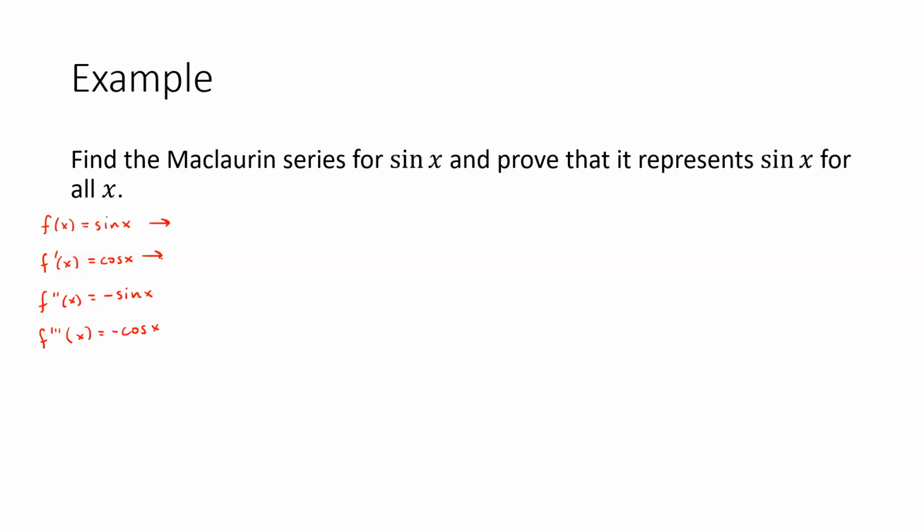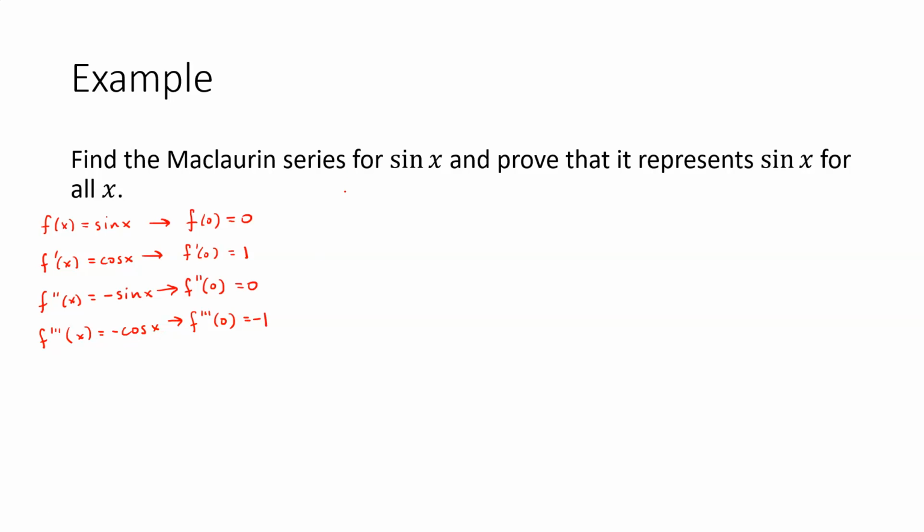So let's go through these values here and evaluate each of them at 0. We know sine of 0 is 0. F prime of 0, which is cosine of 0, is 1. F double prime of 0, which is negative sine of 0, is 0. And then the third derivative at 0, which is negative cosine of 0, is negative 1.